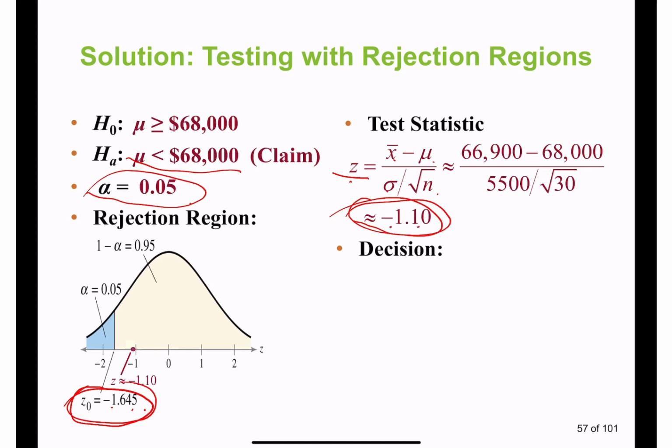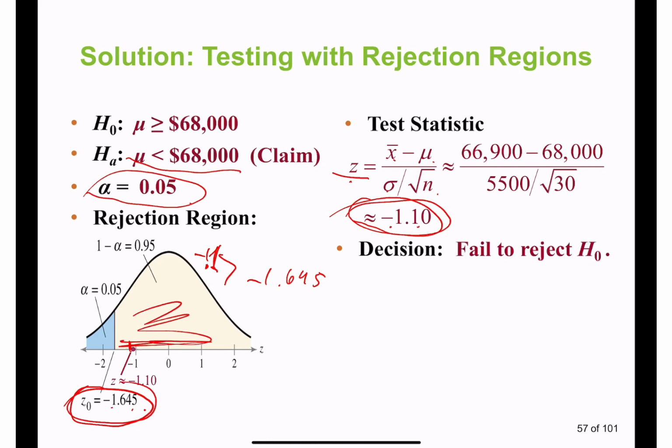Negative 1.1 is always greater than negative 1.645, right? Therefore, it's going to fall in the healthy area, which means you fail to reject the null hypothesis.